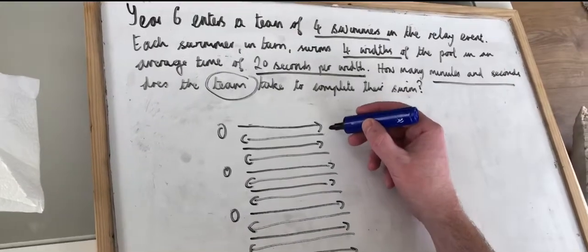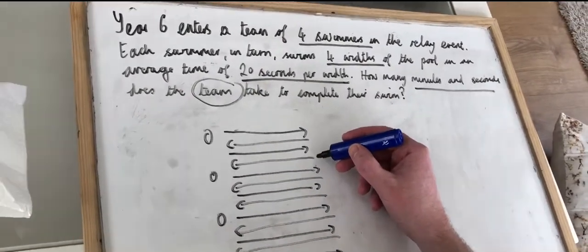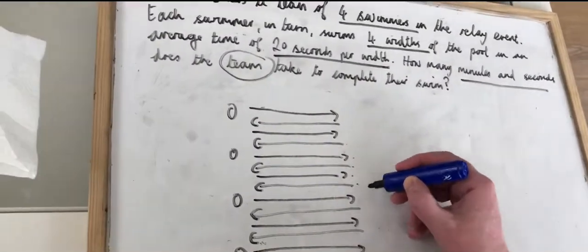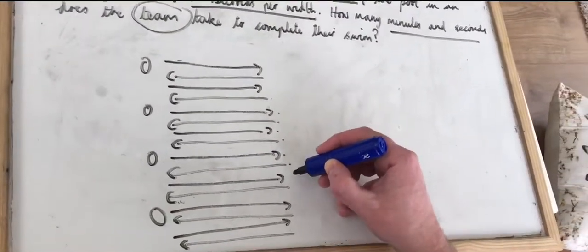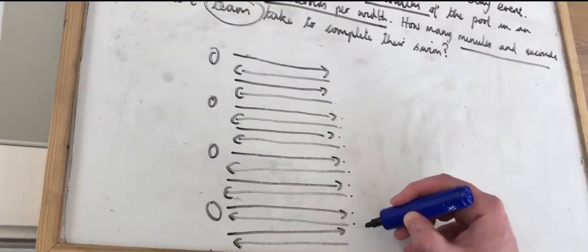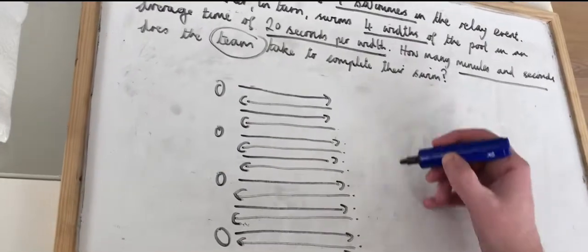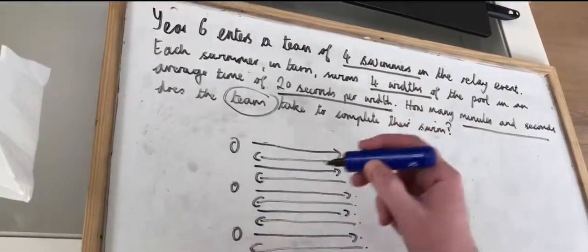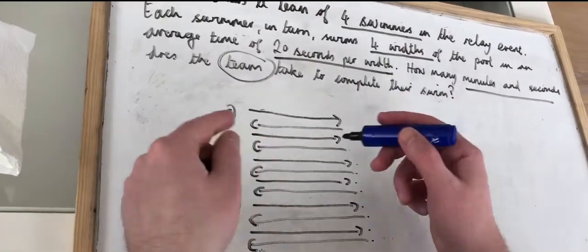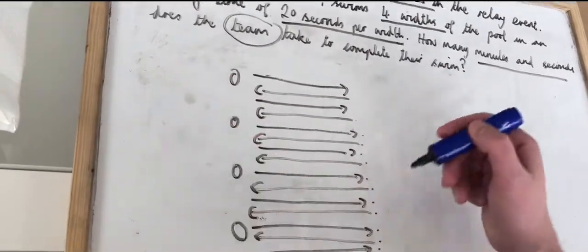Okay, so 20, 40, 60, 80, 100, 120, 140, 160, 180, 200, 220, 240, 260, 280, 300, 320. So how long does it take each swimmer swimming 4 widths to complete it? 320 seconds.